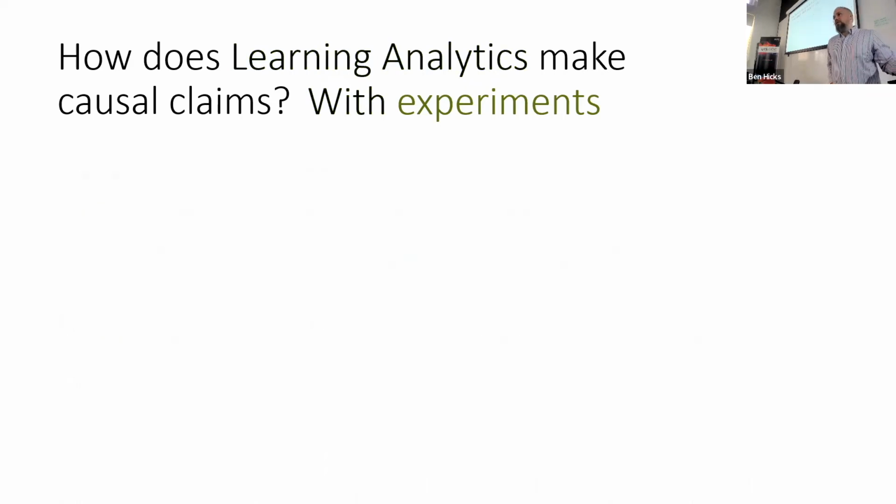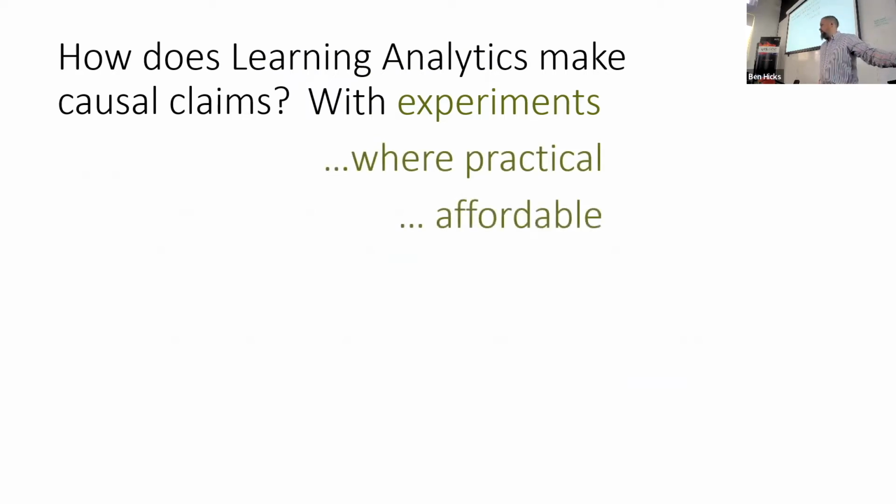However, they are quite rare in learning analytics because of practical concerns. They can be expensive, and there are ethical concerns. So for instance, if we've got an intervention we think is really useful, it can seem a little bit unfair to give it to some people and not to others.